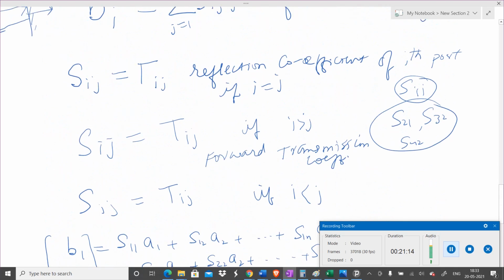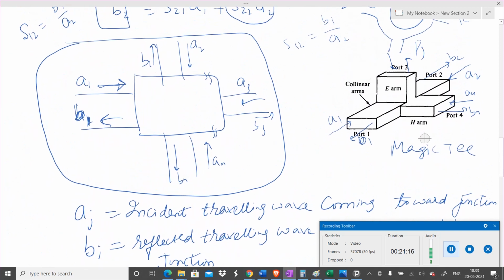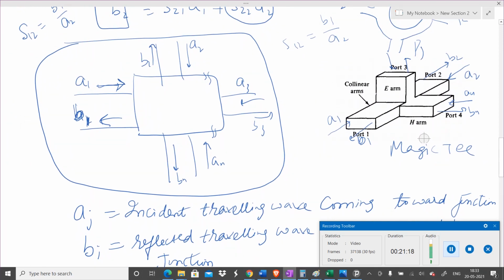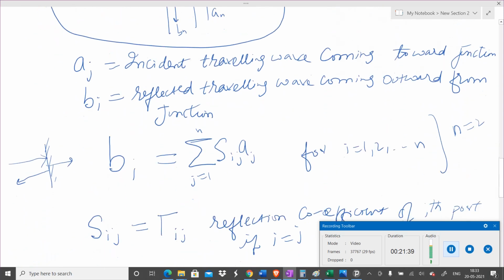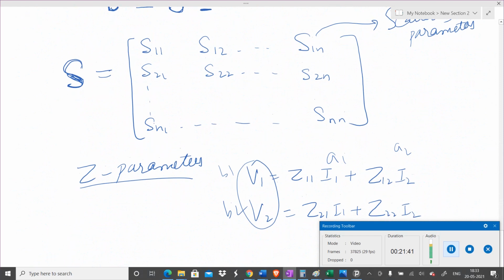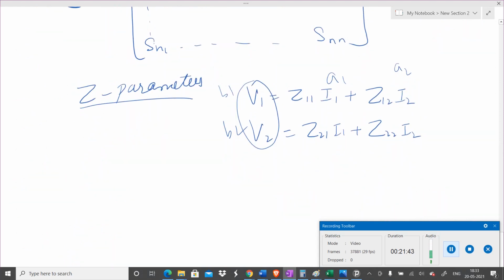Wherever I have drawn this junction, we can also have a notion of impedance. We know how to compute impedance: you divide the electric field intensity by the magnetic field intensity in that direction, and you get the intrinsic impedance. Let that be Z01, Z02, Z0n. So corresponding to every port, we can have a notion of impedance also.